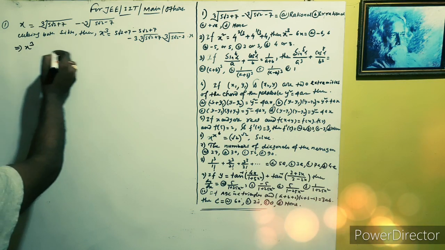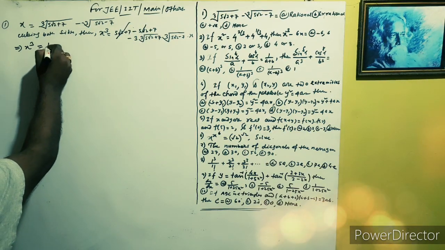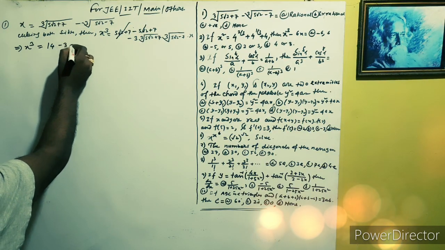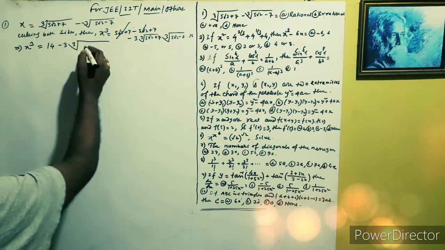So these two terms cancel, and this is 14 minus 3 times ab times x, where ab is the cube root of the product of a plus b and a minus b.